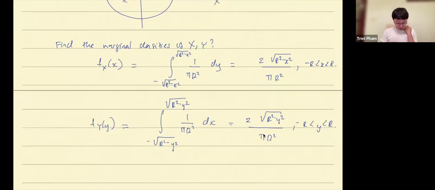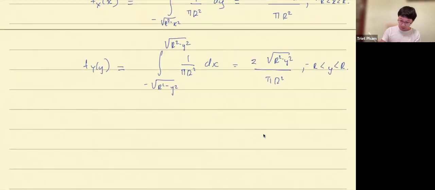All right. So now let's talk about expectations of joint distribution.